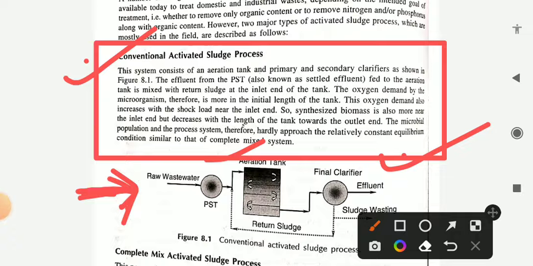So the settled influent, or we can say PST effluent, is fed to the aeration tank and mixed with the return sludge. See, the return sludge is again charged to the aeration tank.